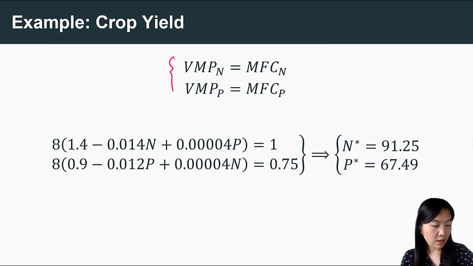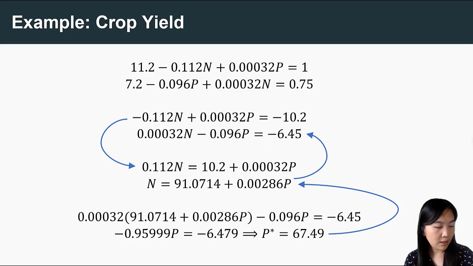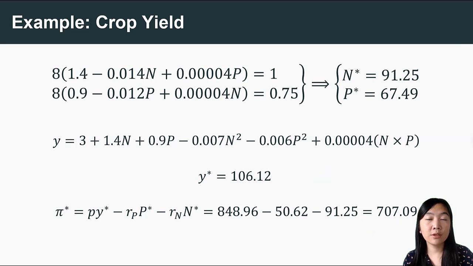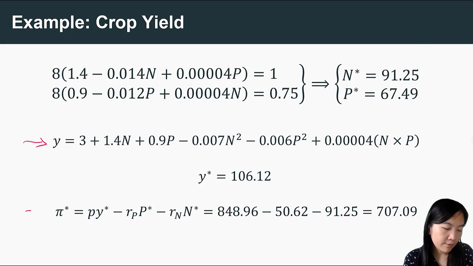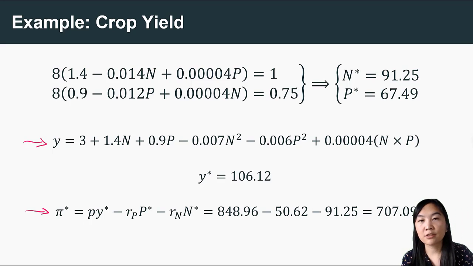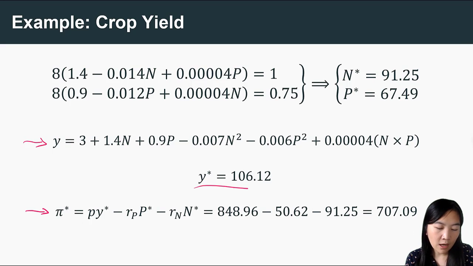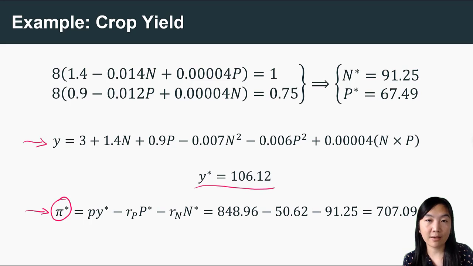So we found the input use levels that will maximize our profit, and we should go back and plug them into both the production function and the profit function to find the output level that will maximize profit and the maximum profit we can get.